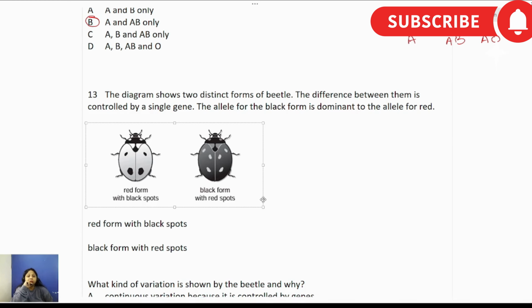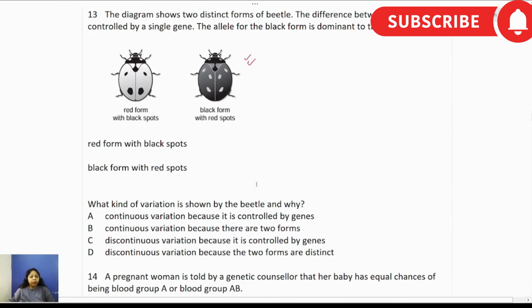Two forms of beetle. The difference between them is controlled by a single gene. One is the red form with black spots, and one is black with red spots. The allele for the black form is dominant. Means this one is dominant. Now, what kind of variation is shown by the beetle and why?